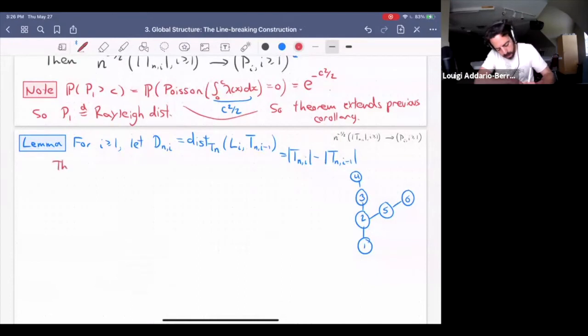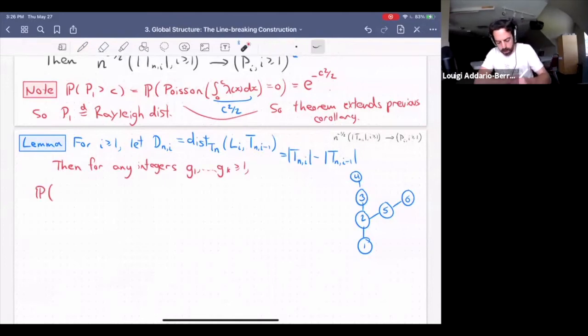Then with that definition, if I fix any positive integers g1 up to gk, I can ask: what's the probability that those distances, or branch lengths, or differences in tree sizes, are given by g1 up to gk? So the probability that dni is gi for each i from 1 to k. We have an exact expression for that.